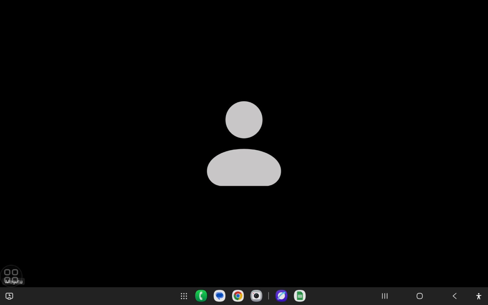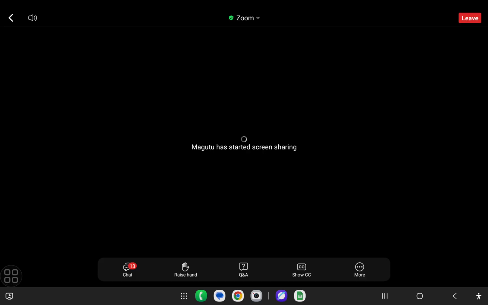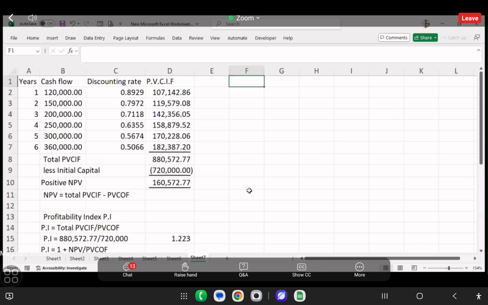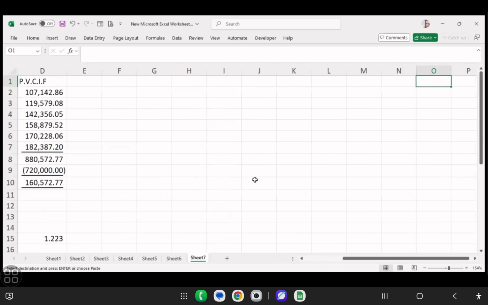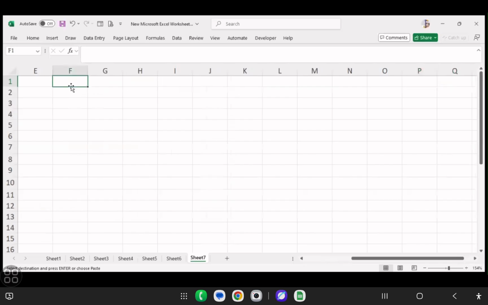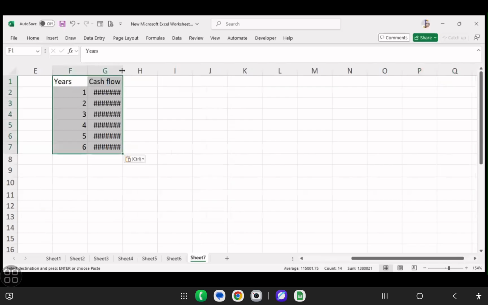Let me use the Excel sheet. Look at this sheet. If you can see the Excel sheet, I will just take these cash flows. I hope you can see the Excel sheet. These are my cash flows.